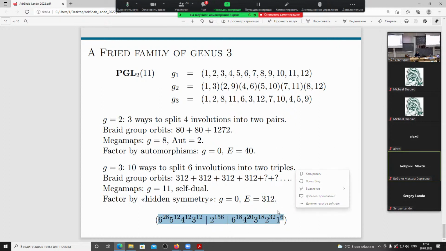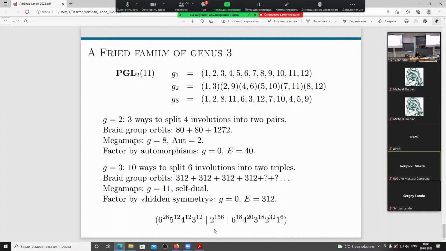Unfortunately, I don't have a picture for it, but this is just something that we will get in genus 3. We can see it's a clean design, so it can be written as a non-bicolored graph with 156 edges.